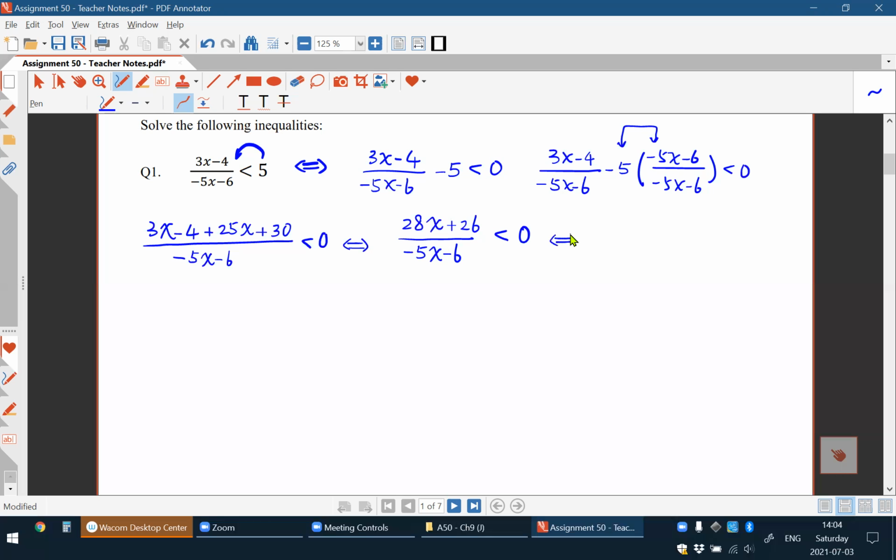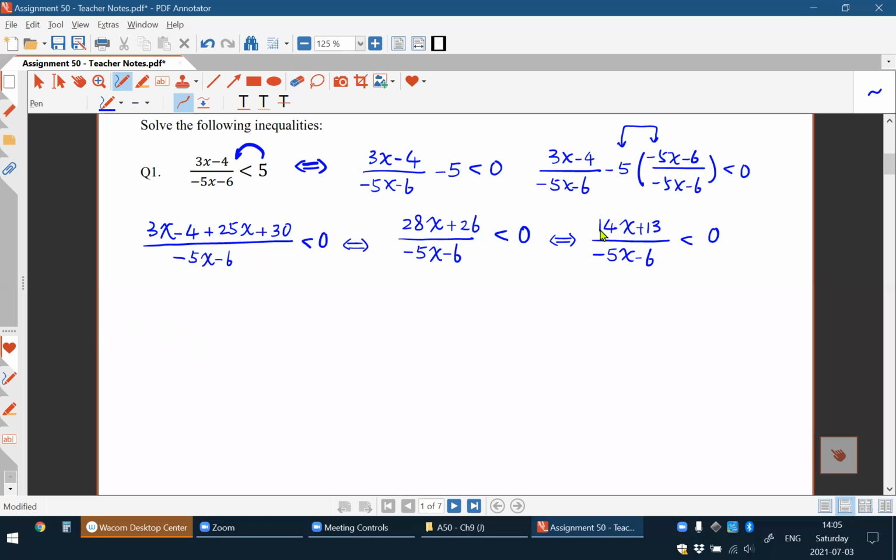And of course, we can divide both sides by 2, right? So the left-hand side divided by 2 is 14x plus 13. Because 2 is a positive number, we don't change the direction of the inequality symbol. And 0 divided by 2 is, of course, still 0, right?